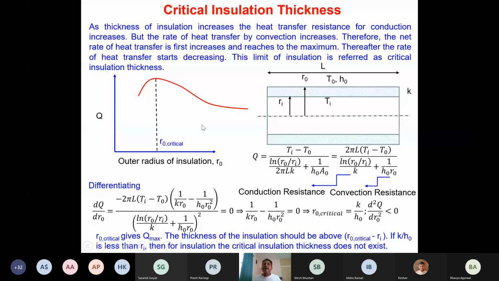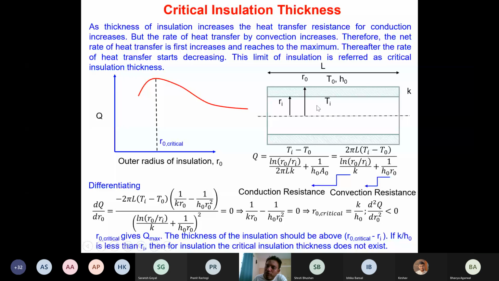Now we can obtain this critical insulation thickness directly for a cylindrical pipe wrapped with insulation. So Q can be written with this expression, which we keep on using here. The pipe is carrying steam or maybe a hot fluid.